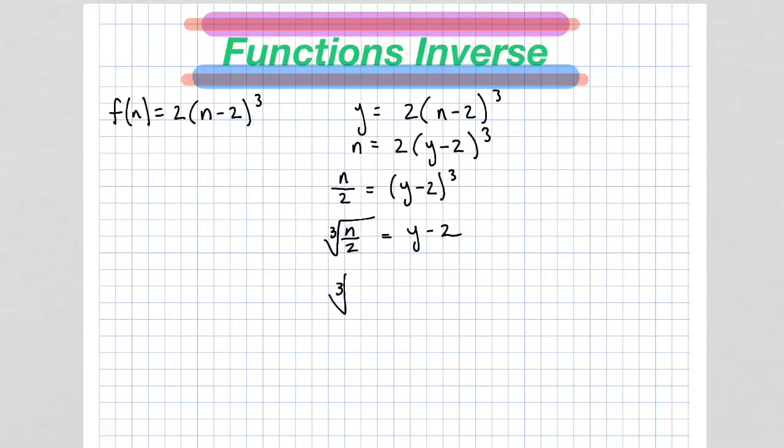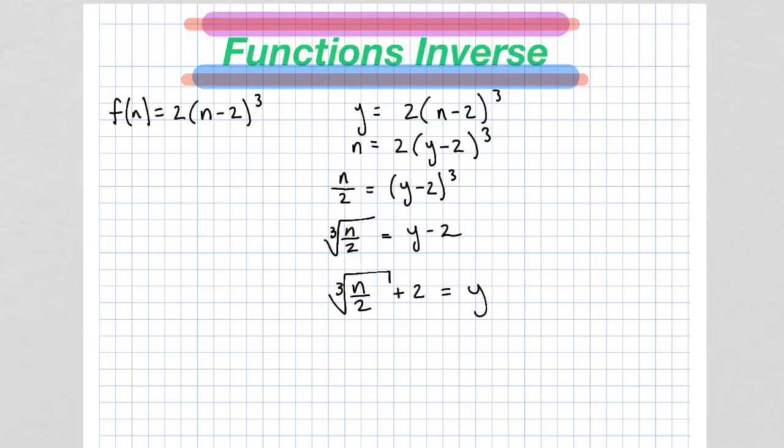So the cube root of n over 2 plus 2 equals y. Okay, now I want to point out that we're not really done at this point. What we need to do is work on this portion of it, and we want just these root signs in the numerator. So I'm going to show you how that's done.